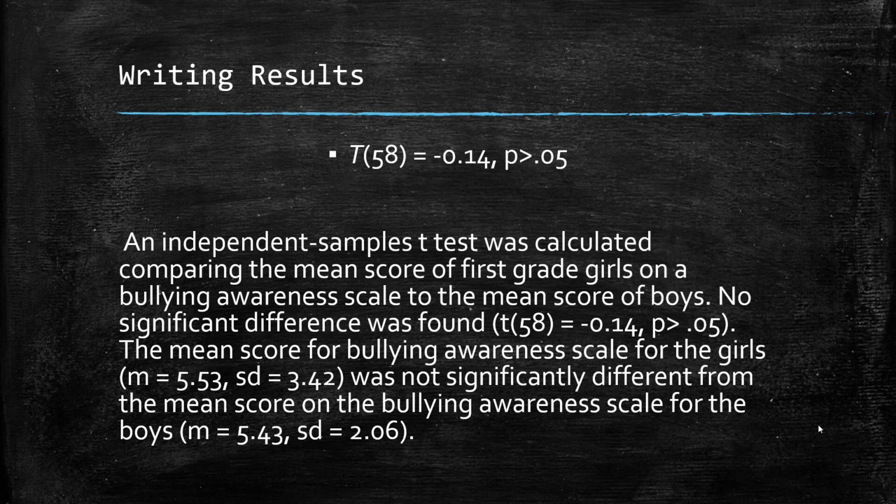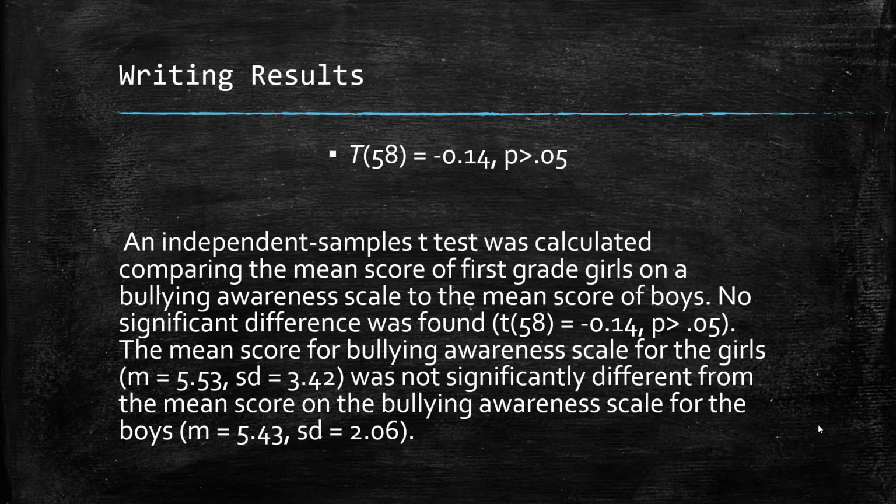The mean score on the bullying awareness scale for the girls, a mean of 5.53 and a standard deviation of 3.42, we got the standard deviation because we calculated descriptive statistics before we calculated the t-statistic, was not significantly different from the mean score on the bullying awareness scale for the boys. The mean was 5.43, standard deviation 2.06. That is exactly how you would write your results. That's it right there. Nothing else beyond that.